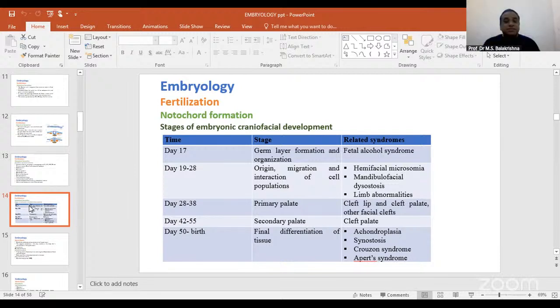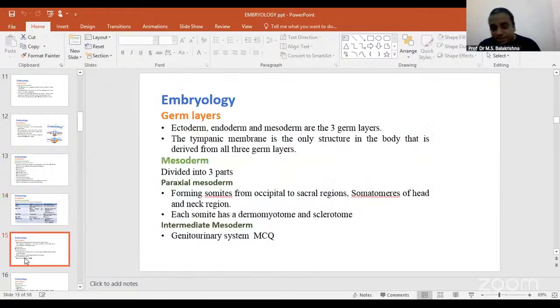So all this data is very important. These are all MCQs kept into a table. And day 50 till birth is the stage in which final differentiation of tissues occurs. If there is a defect in this stage, then achondroplasia, synostosis, Crouzon syndrome, and Apert syndrome happen.